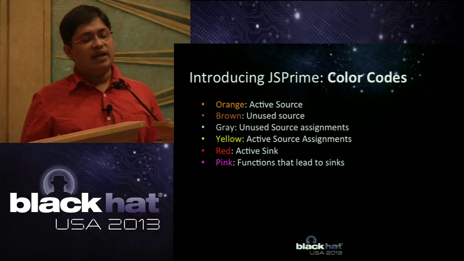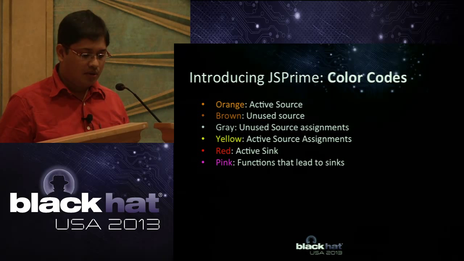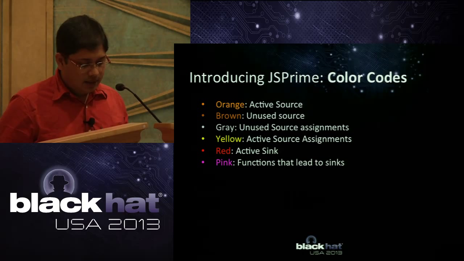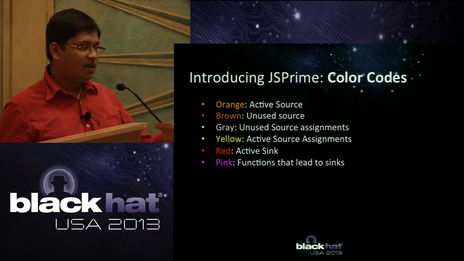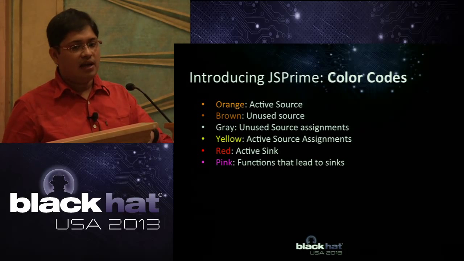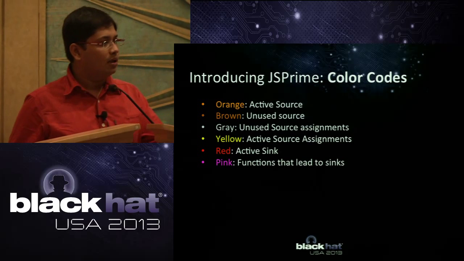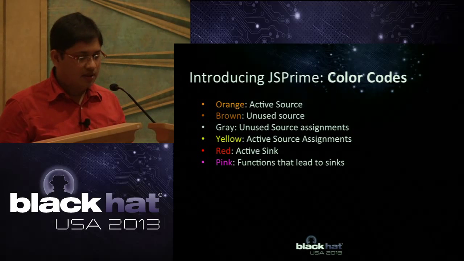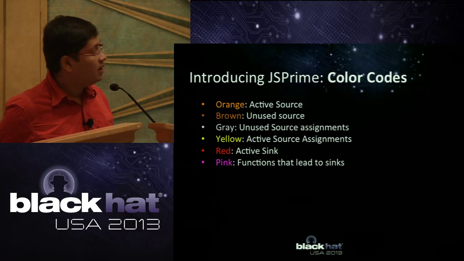And if it is a source and it has been assigned to some other variables which are again not used, we mark them as gray. Active source assignments, for example, where location.hash is reaching eval via a third step, say x equals, a third intermediary assignment, we mark in yellow.